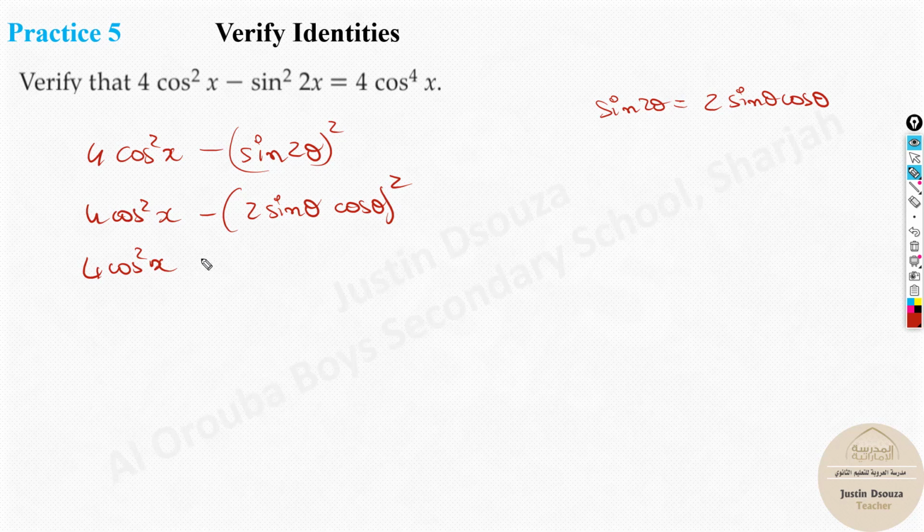So when it's only multiplication, remember you can square each of them individually. So 2 becomes 4, 2 square is 4. Sine becomes sine theta whole square, or I'll just write sine square theta. If you're removing from here, then you have to put a bracket and put square. Otherwise, you just put sine square theta. It's the same thing. Sine square theta is equal to sine theta the whole square. So that's what happened over here.